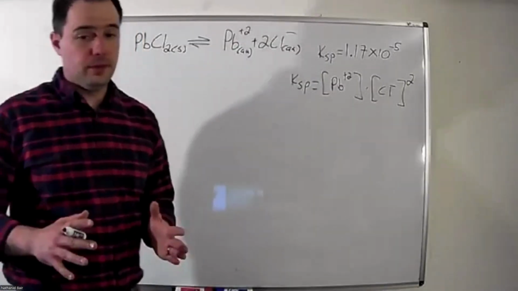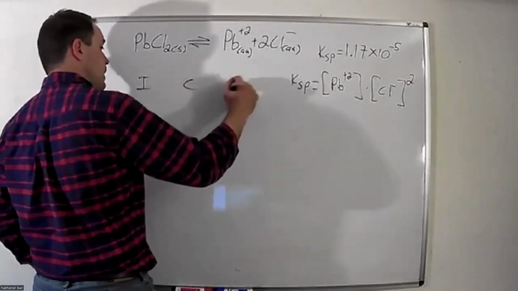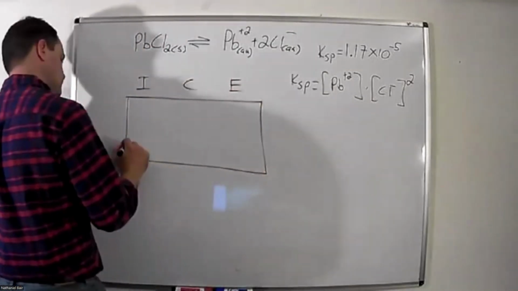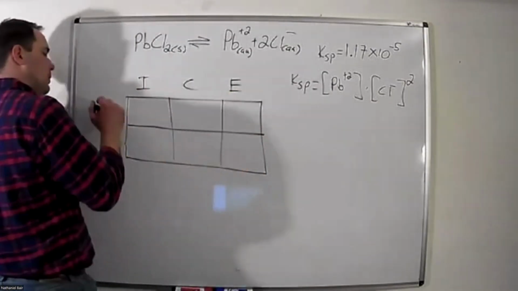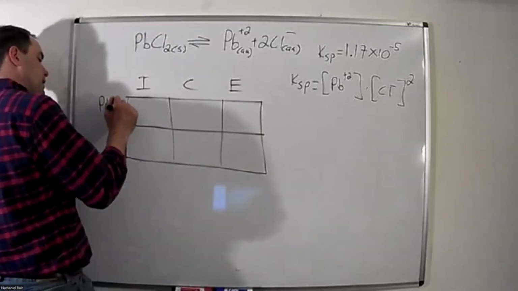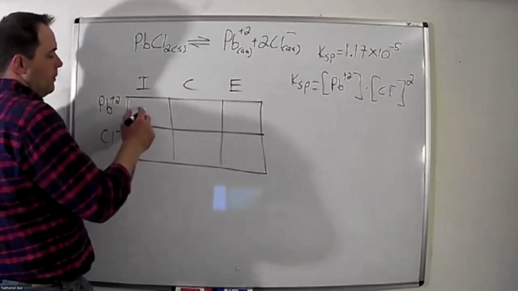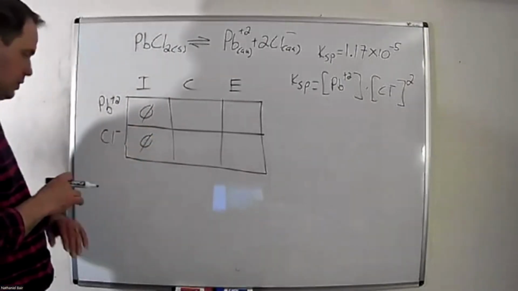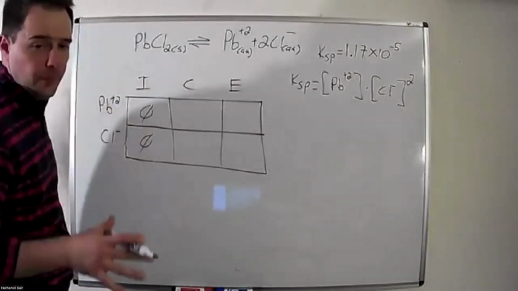How we doing? Now it's ice table time. So ICE, only 2 rows. We got a row for the lead ion, and we got a row for the chloride ion. This is in pure water, so there is no initial lead or chloride ion concentration. Now here it's going to be a little different.